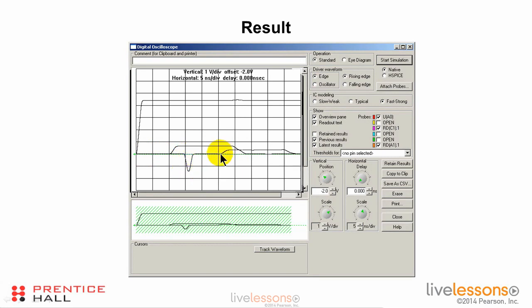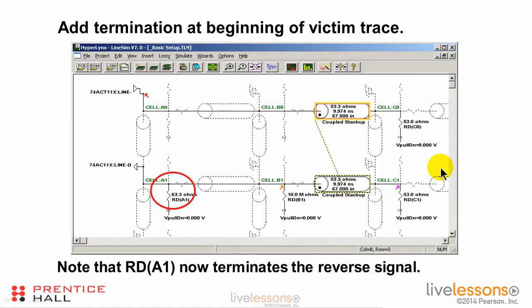And at 25 nanoseconds, the backward crosstalk signal shows up at the far end of the victim trace. Now, if you look at these waveforms, suppose you had an oscilloscope and you were checking out your circuit and you saw these waveforms, would you know what they were? That's one of the reasons why crosstalk is such a difficult thing to troubleshoot.